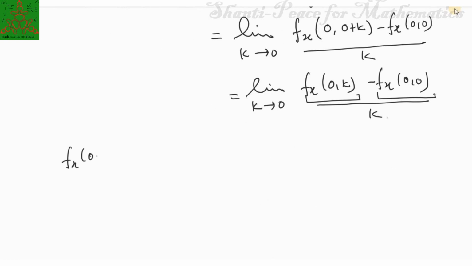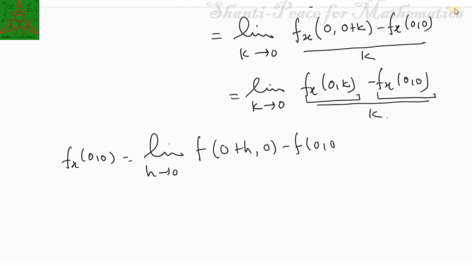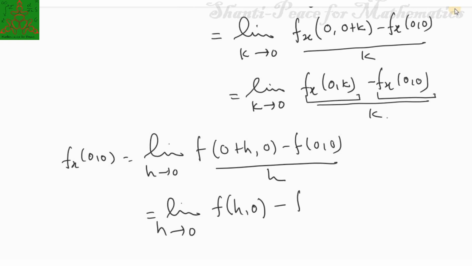fx at (0, 0) will be limit h tends to 0 of f at (0 plus h, 0) minus f at (0, 0), upon h, so this will be the limit h tends to 0 of f of (h, 0) minus f of (0, 0), upon h.